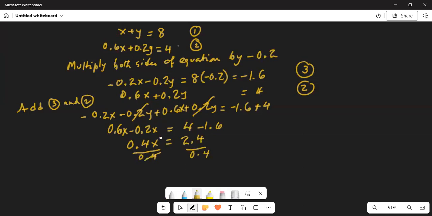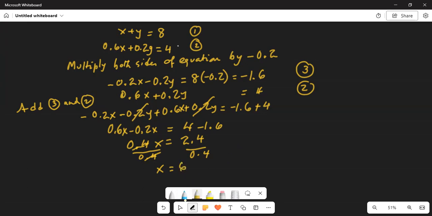When we do that, this cancels and X stays. So X is equal to 2.4 divided by 0.4, which is 6.